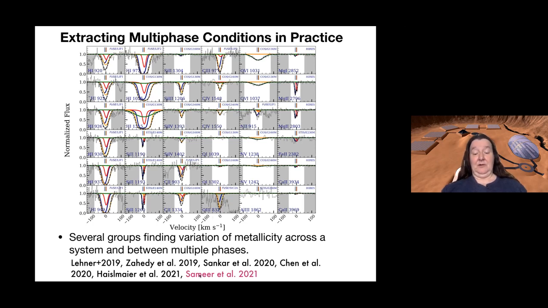Samir, my grad student, has one of these new methods, and his really relies on the shapes of the profiles, compares simulated profiles from Cloudy to the data, and then optimizes what the parameters are in the different phases.